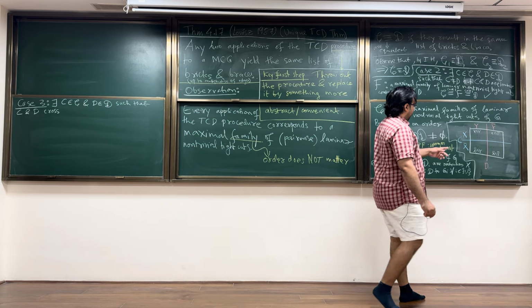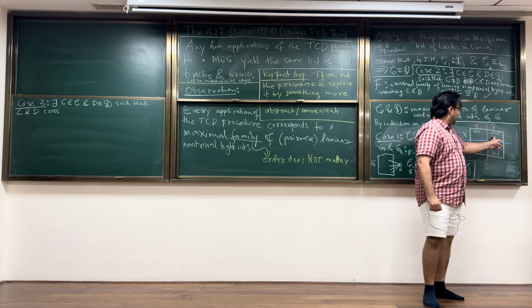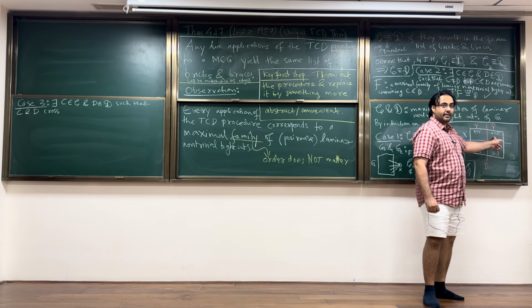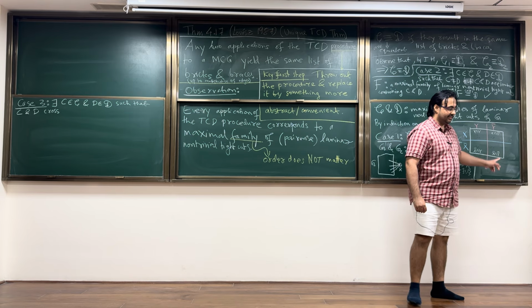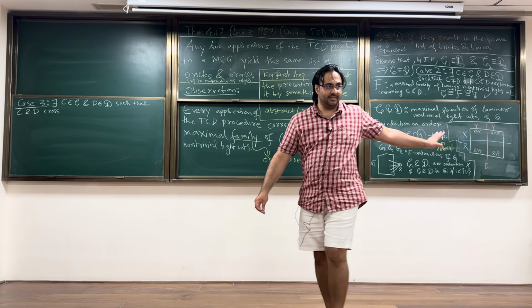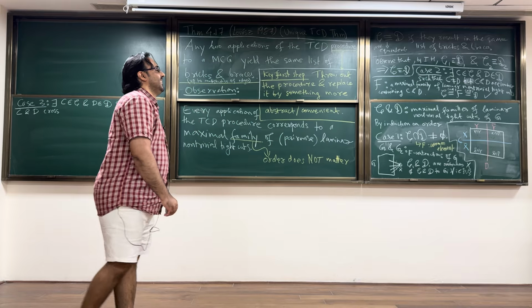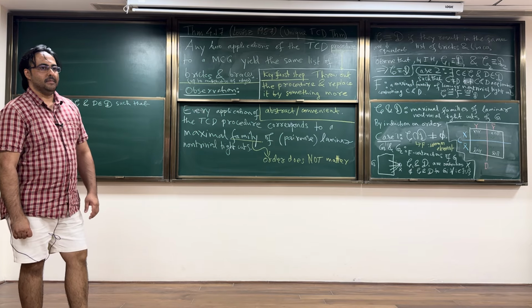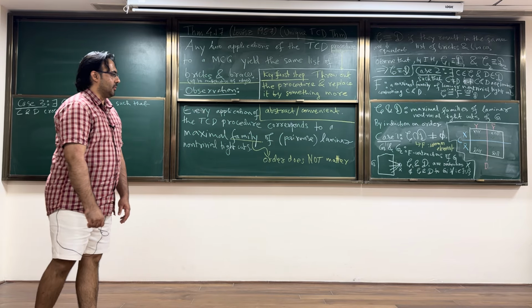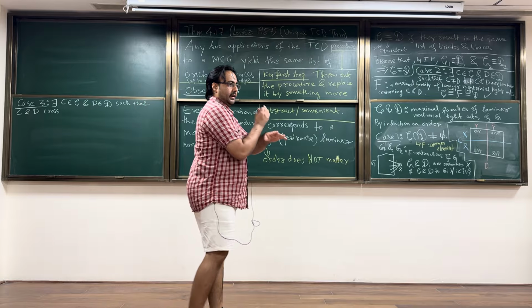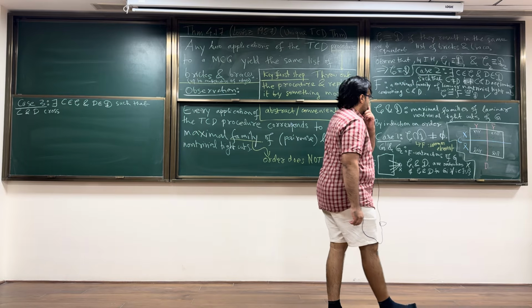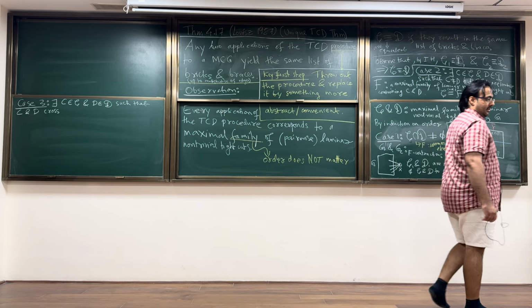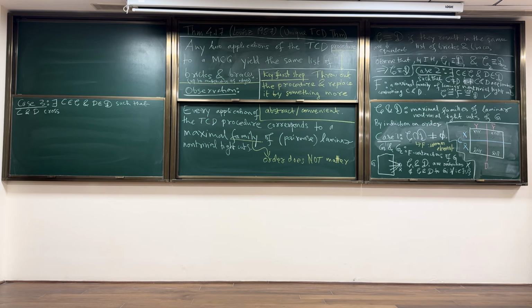Some people like to write X intersection Y bar as X minus Y. Very confusing. This is better, uniform. So these are the four quadrants, and these are two crossing cuts. This is the case we need to now analyze, because we are not done yet.